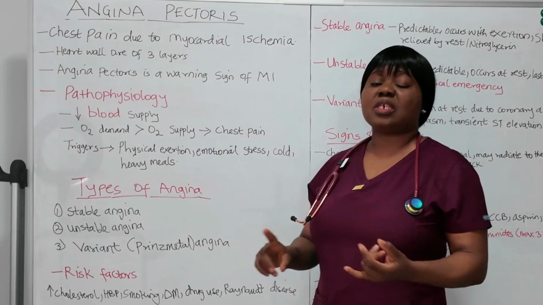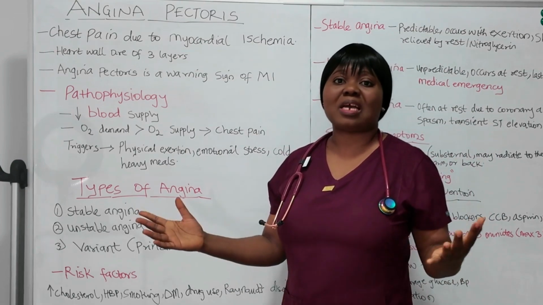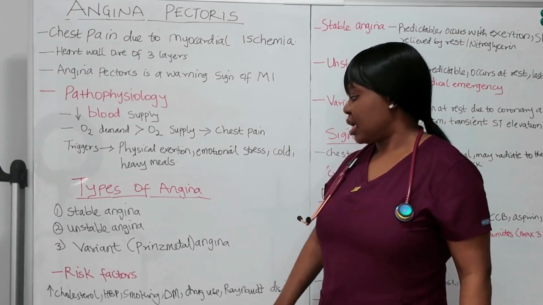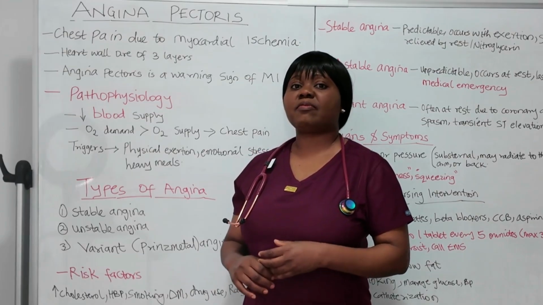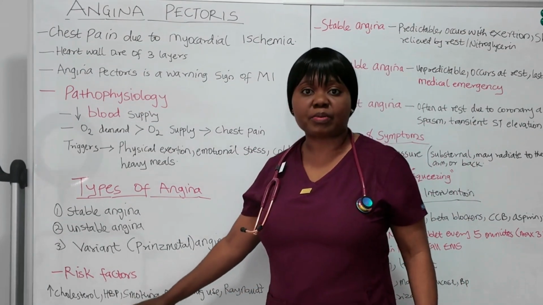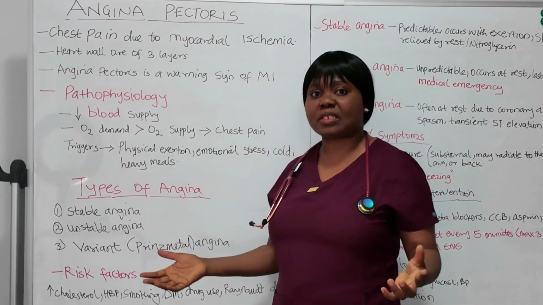The risk factors include, number one, hyperlipidemia, particularly atherosclerosis, where there is a buildup of fatty plaque in the walls of the artery. Another risk factor is obesity, and then family history. Another can be high blood pressure, even diabetes mellitus, which damages the wall of the artery over time.